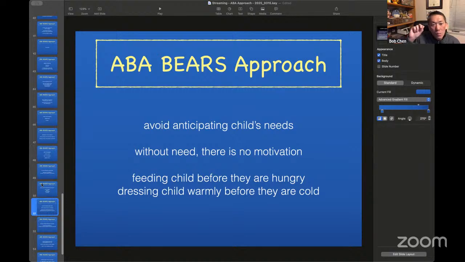So when you feed your child a lot before they're ever hungry, they never experience hunger. They don't have a need to ask for anything. If you put a coat or a big jacket on your child before they experience being cold, they never have a need to learn to communicate those skills. Without that need, there's a lack of motivation. And if you can rewind this stream back up to the beginning, motivation is a huge component of what we target.